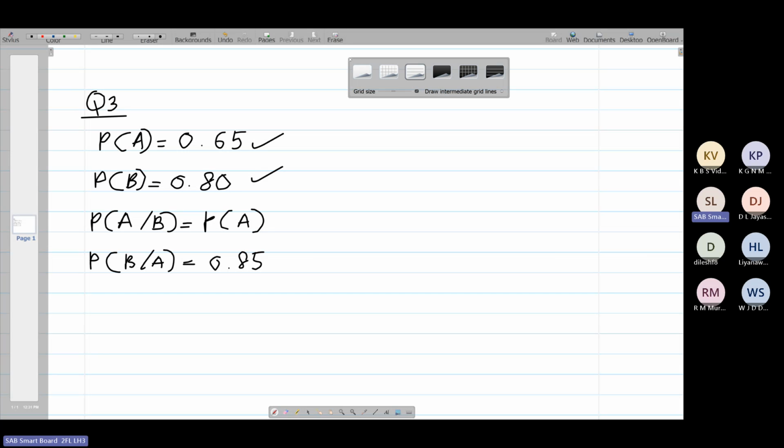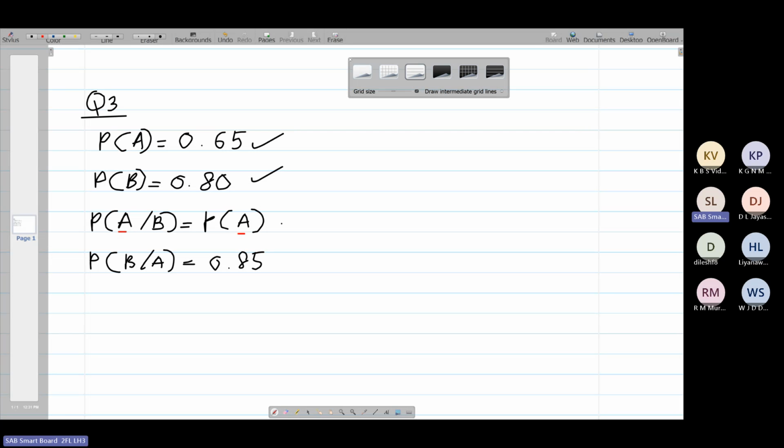Then we move to the third point. Here it says A given B is equal to the probability of A. Then what does it mean? A and B are independent. Why? Here A is the second event.